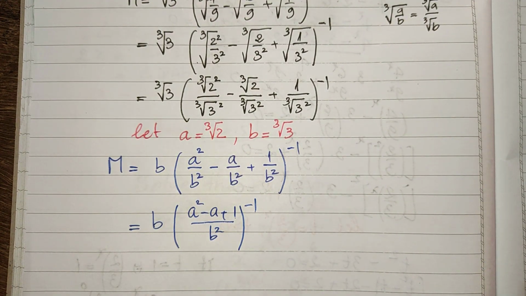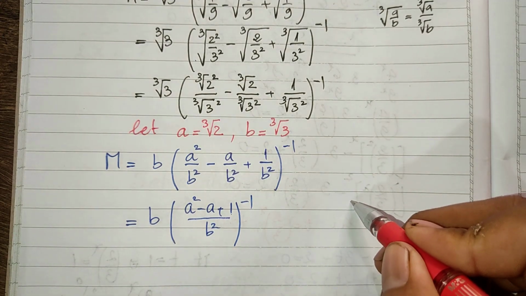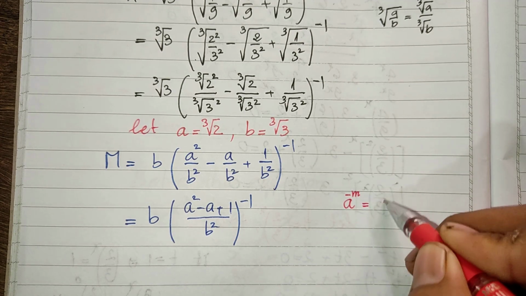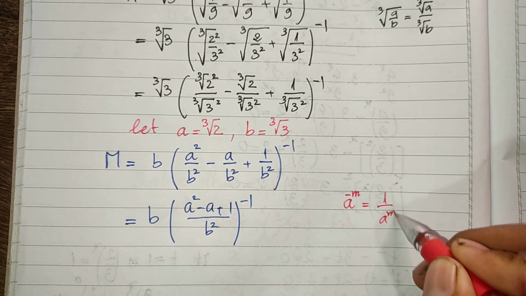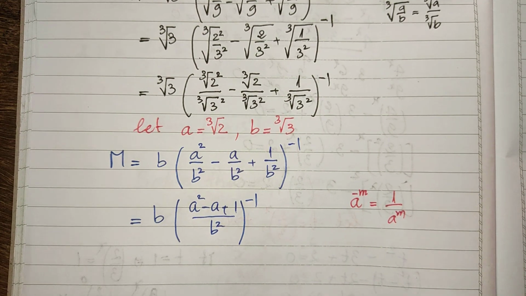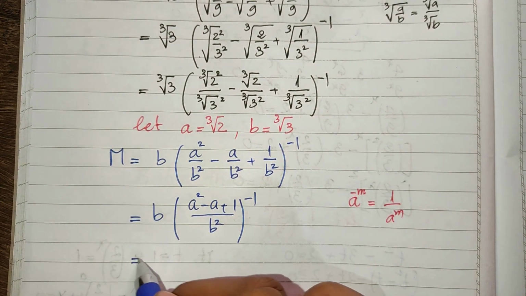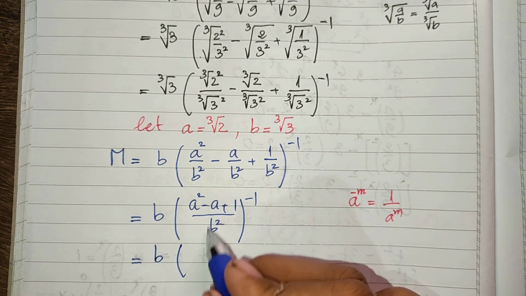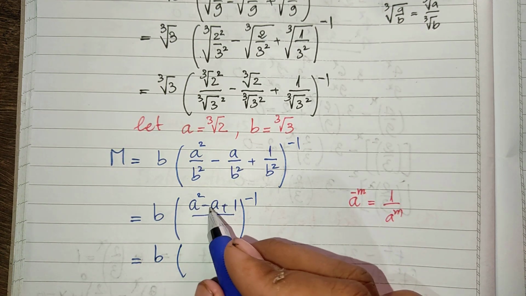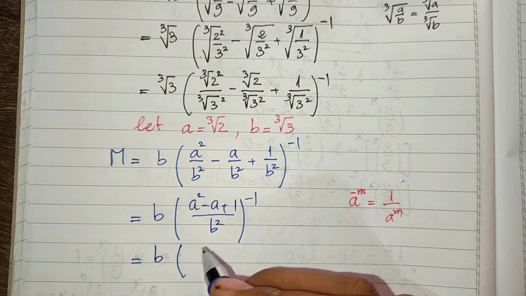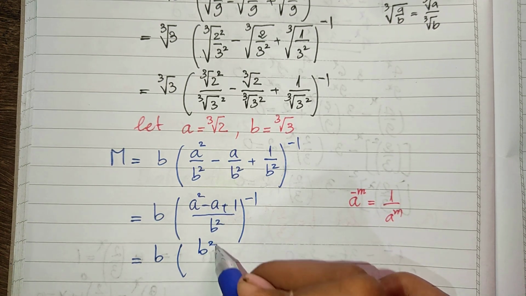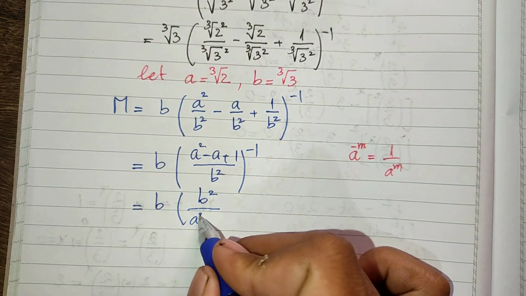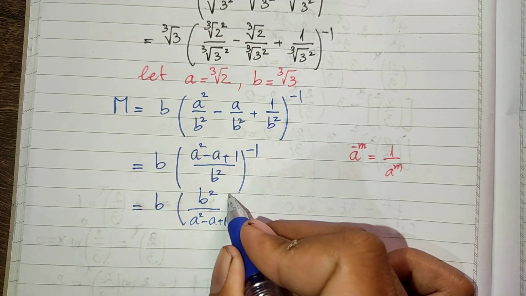And for this we use the formula that a to the power minus n is equal to 1 divided by a to the power n. So I can write it as b multiplied by b squared over a squared minus a plus 1, which gives b squared divided by a squared minus a plus 1.